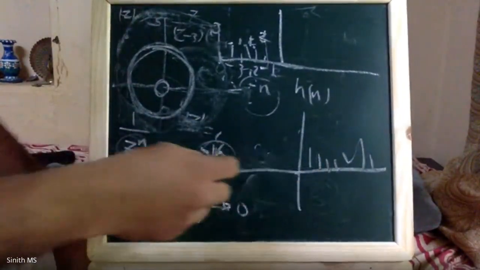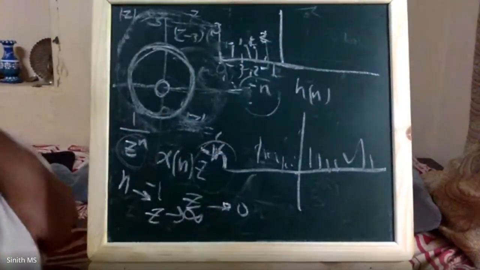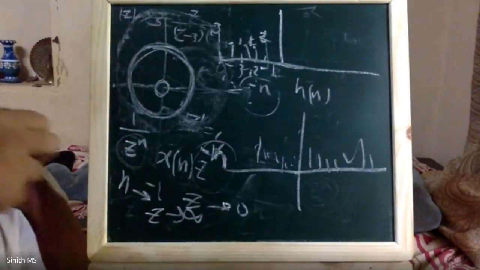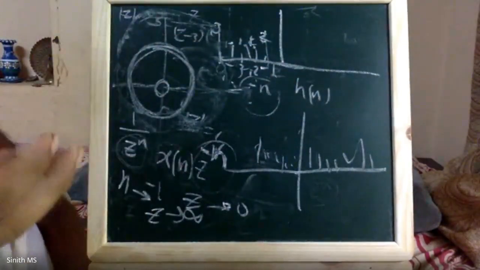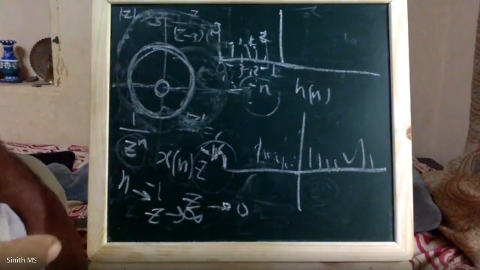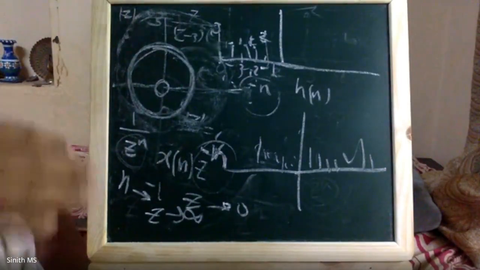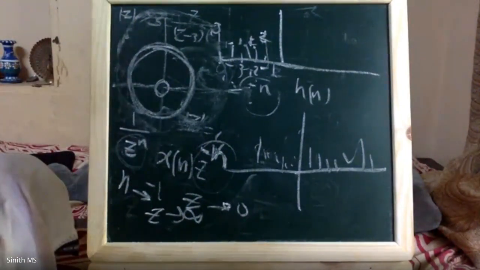If you have h[n] on the negative side also, you call it a non-causal system. This is in terms of impulse response. You can also define it in terms of system representation, such as y[n] equal to x[n minus 1] plus 3x[n minus 1], etc., and from that also you can find whether a system is causal or not.